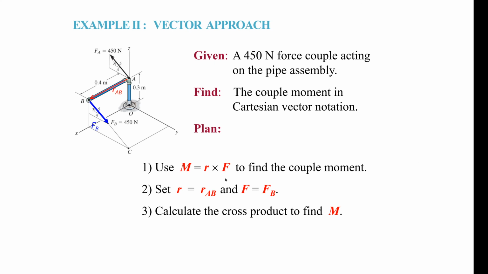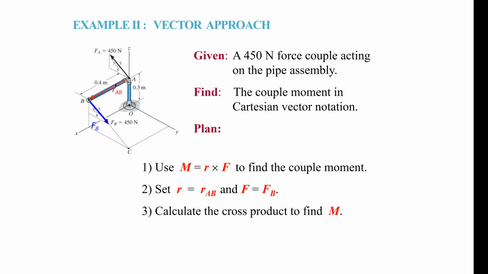And we're just going to find M equal to R cross F like before, okay? And since they're equal and opposite, like I said, it's 450 for one, 450 for the other. So we can go from here to FB. So this would be RAB, okay? Since we're starting from this point and going over to this one.